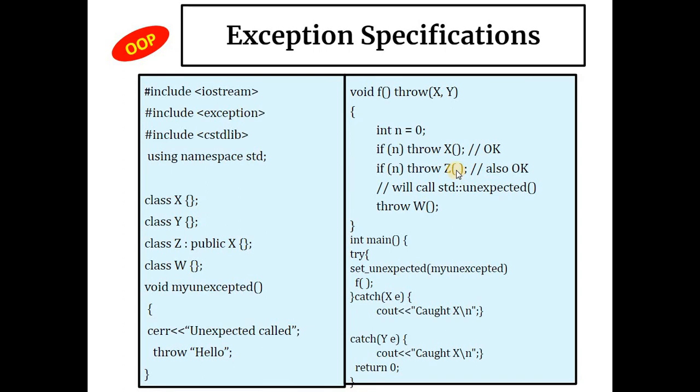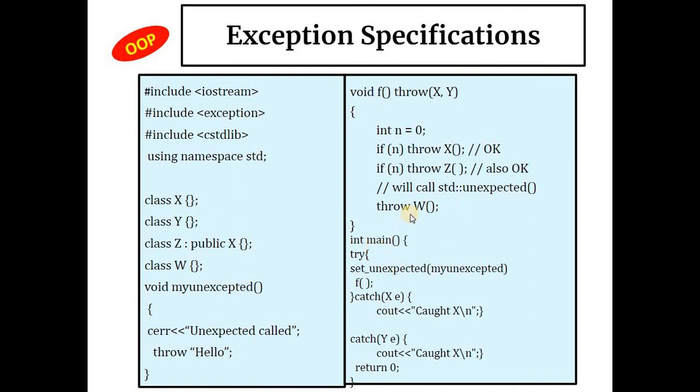That is, indirectly, if I am writing throw Z, that means I am throwing X. That is why, though here inside the throw list I have not specified Z, this will be okay because Z is a derived class of X class. And if I am writing throw W, surely this function will call the unexpected function directly. Why? Because the f function is not allowed to throw anything other than X or Y. So when I am writing throw W, it will throw an exception.